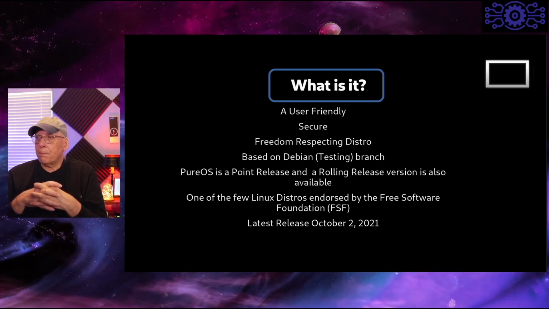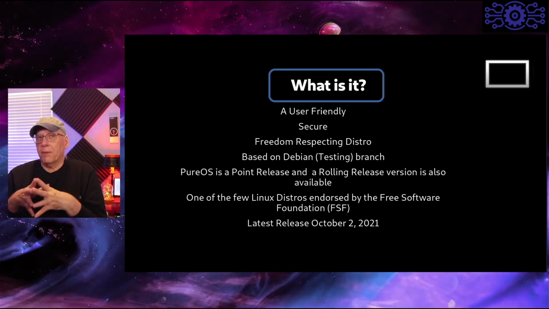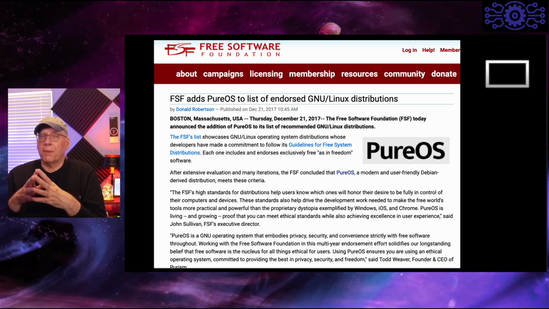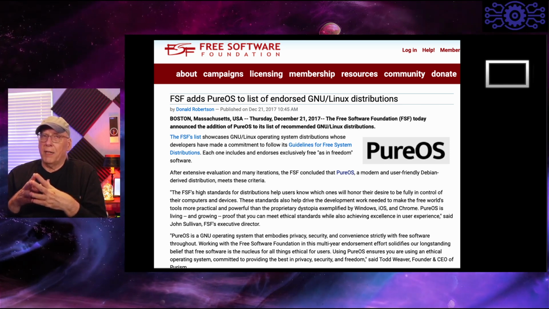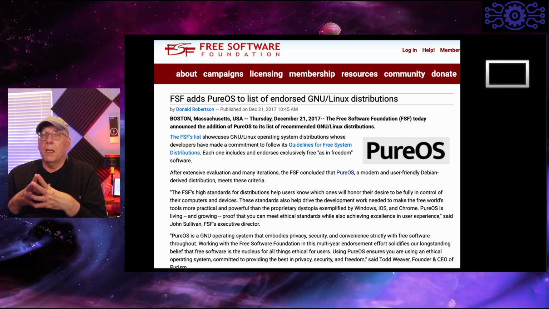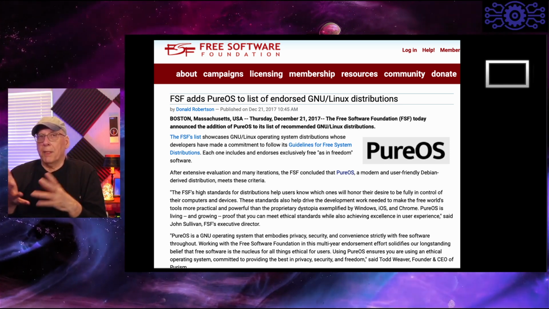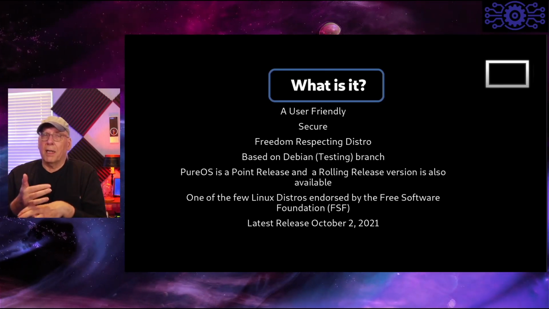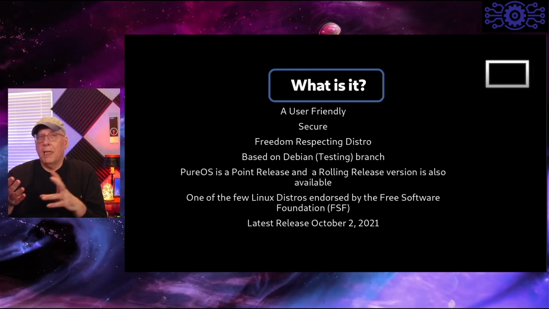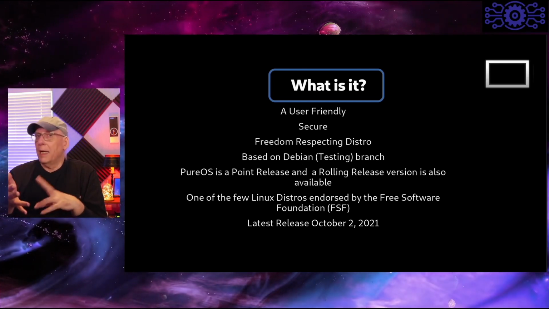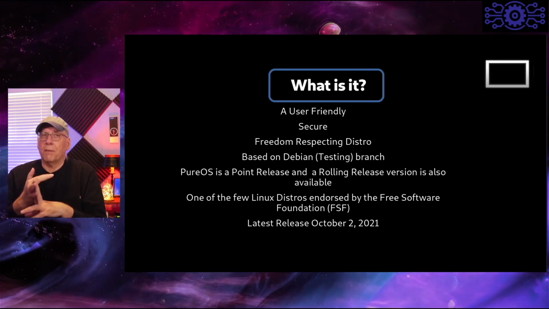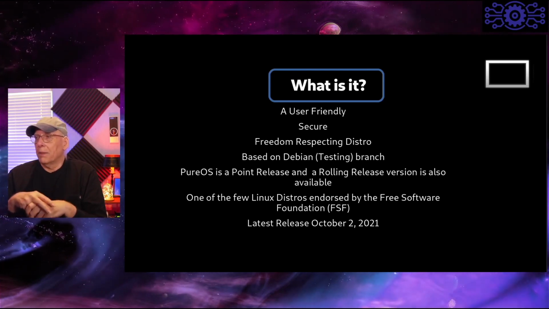So it's one of the few distros in Linux that is endorsed by the Free Software Foundation. The Free Software Foundation has very strict requirements to be able to put their stamp of approval on it, in that you have to have absolutely no proprietary software and no non-free software in your distro, as they classify it.